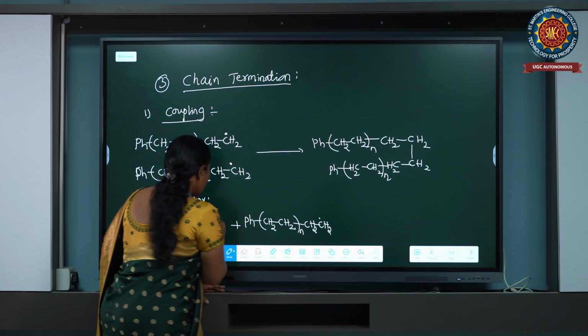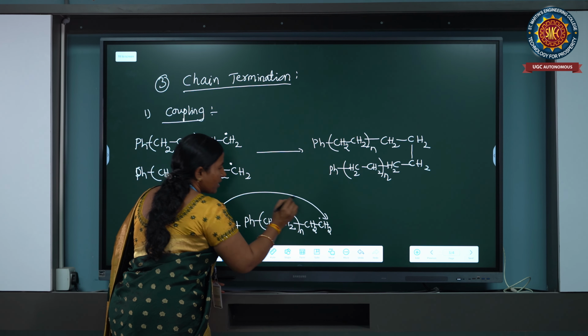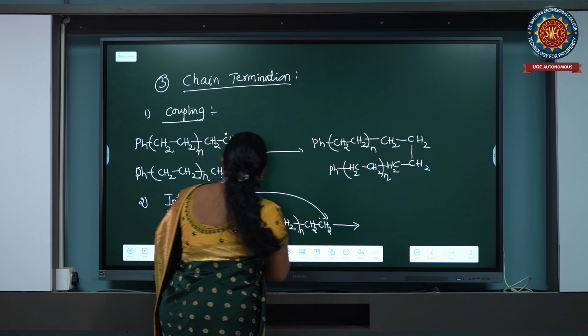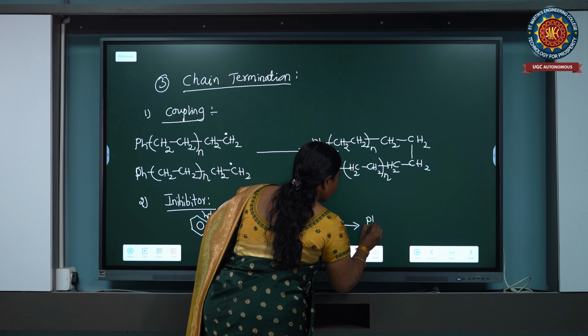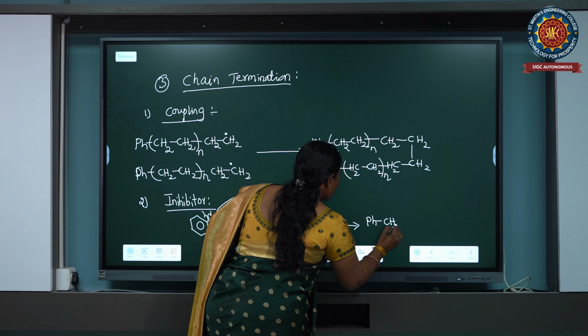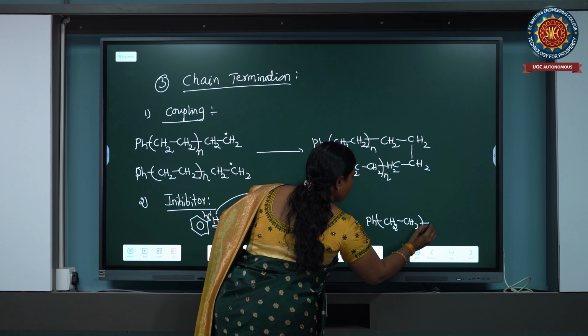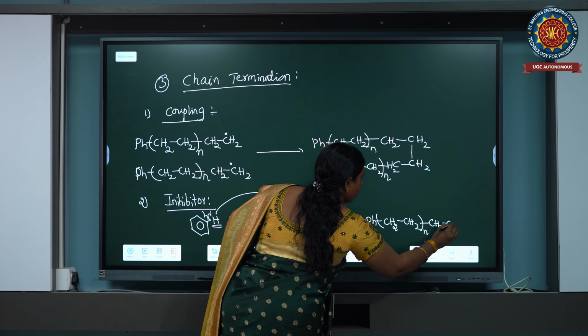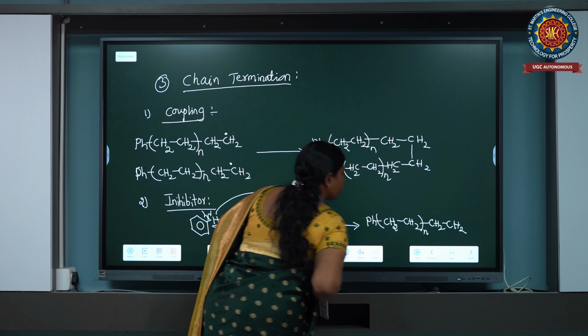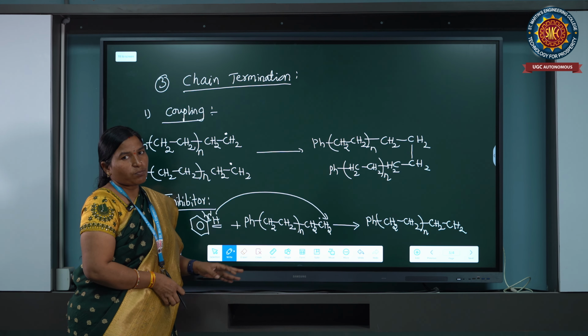This is going to directly donate and make a bond. Then you will get the last product, that is the polymer. This is the last polymer.